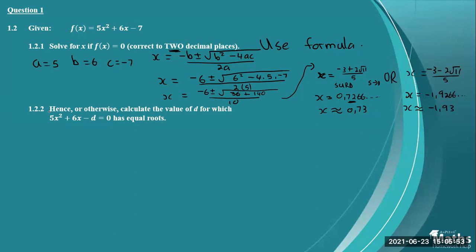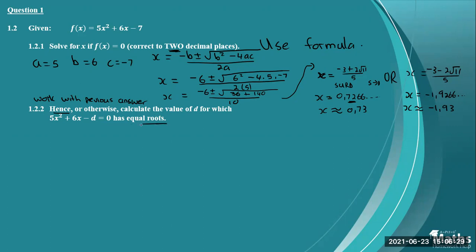Right. It then says here, hence. Hence always means that you must work with the previous answer. In this case, we have been working with the formula, and if we need to figure out the nature of the roots, we work with the discriminant.